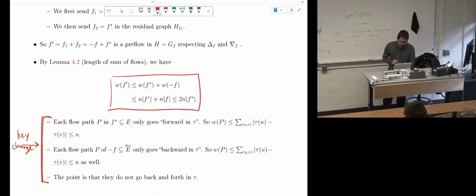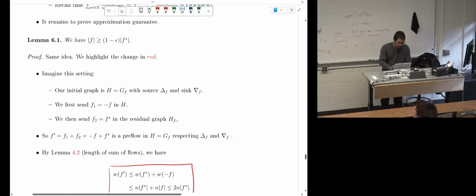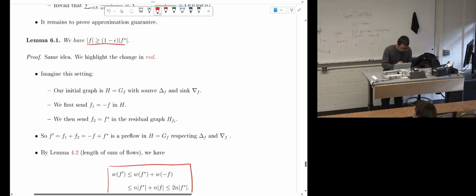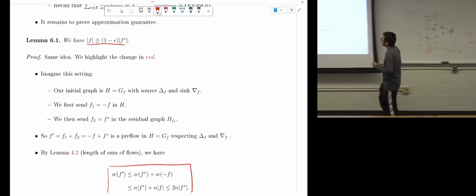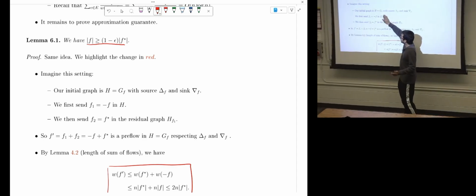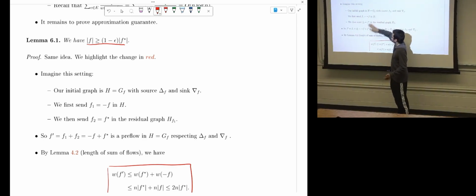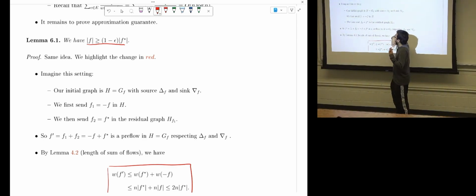So if you recall, how do we prove that f is big? We look at the residual graph and imagine that we first send f1 in this graph, where f1 is the reverse flow, and after that we send f2, which is the maximum flow.